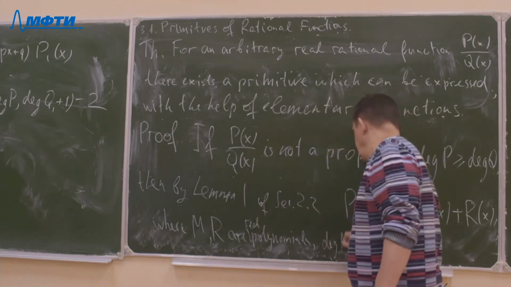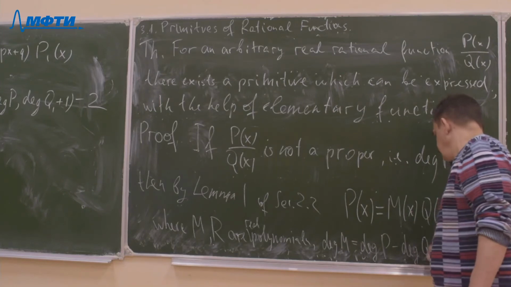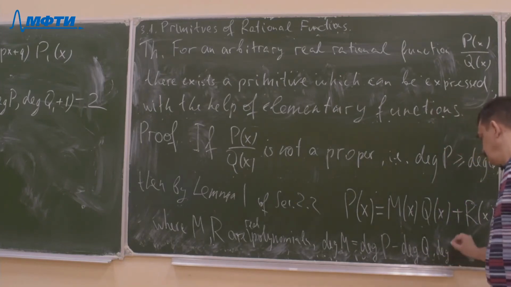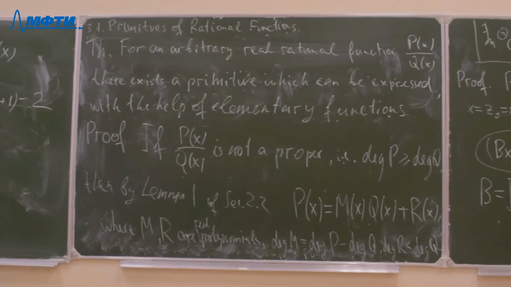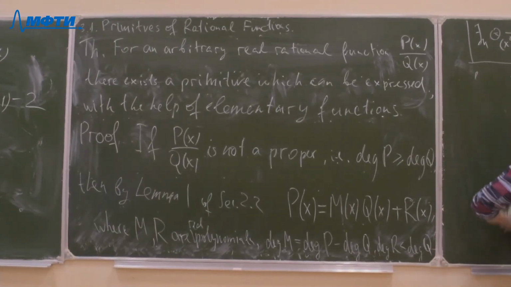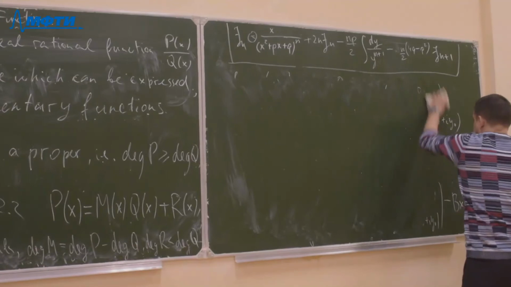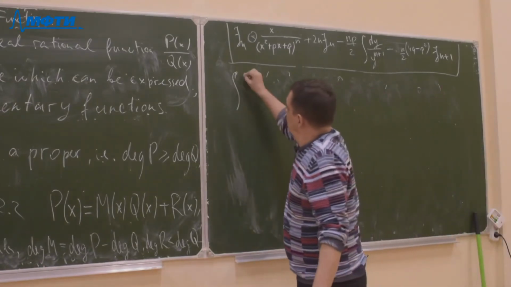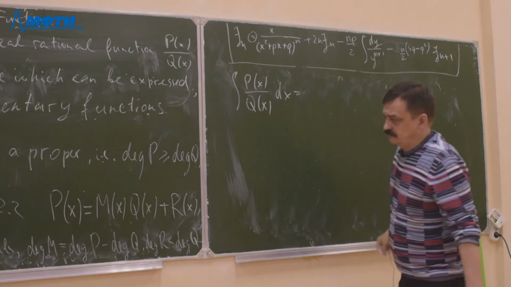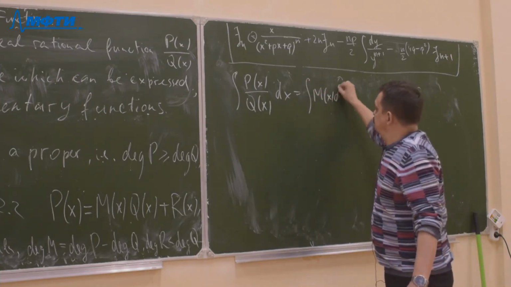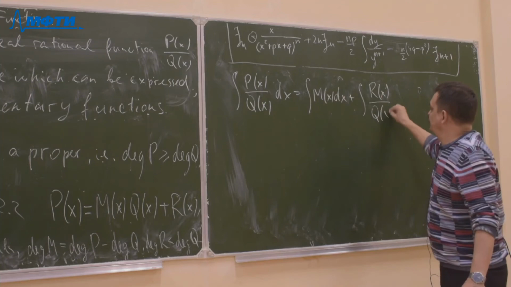Degree of M equals degree of P minus degree of Q, and degree of R is strictly less than degree of Q. So once you have it, you can write the indefinite integral of P of X over Q of X dx equals the integral of M of X dx plus the integral of R of X over Q of X dx.